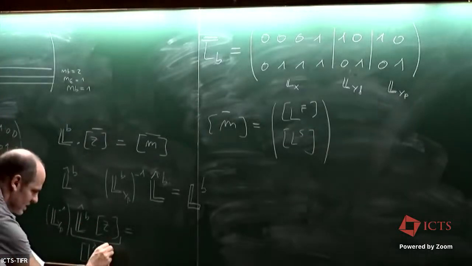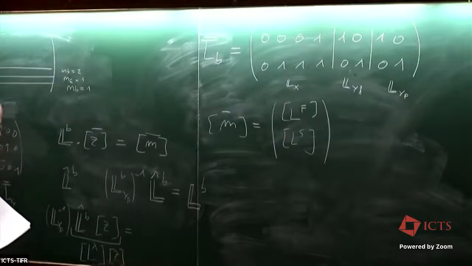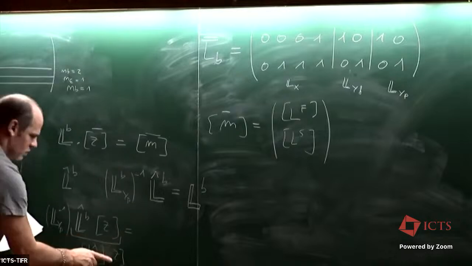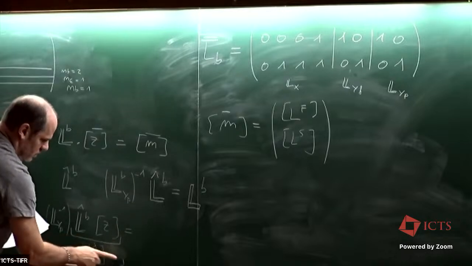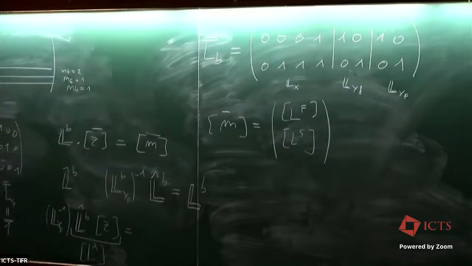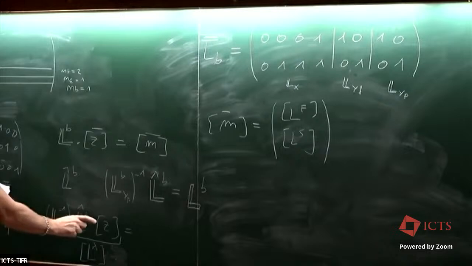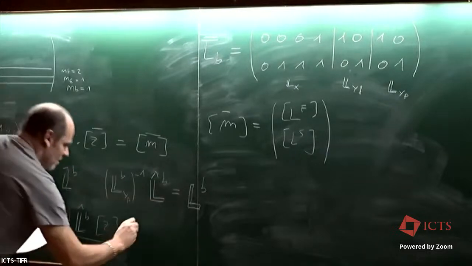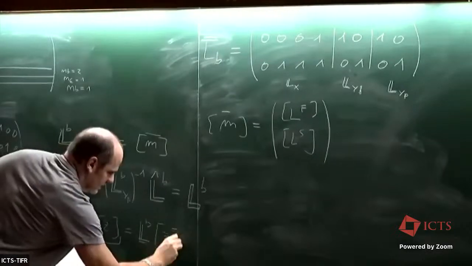So this is times Z, sorry. Then, by definition of this, I get LB acting on Z, that is the moiety.